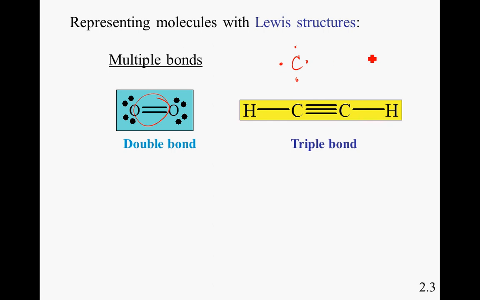So therefore, it needs 4 bonds to be stable. In this example, we have 4 electrons, and we still have 2 hydrogens out here, both with 1 electron. Those pair up, but we have these 3 single ones, so they stretch across to form a triple bond.